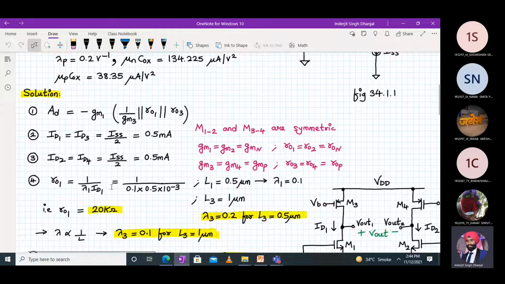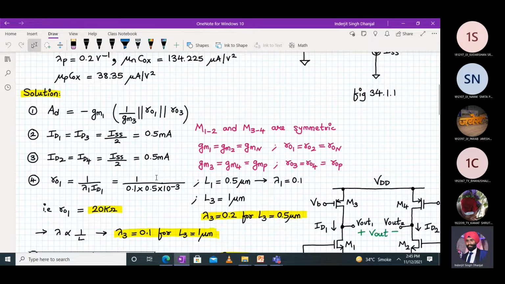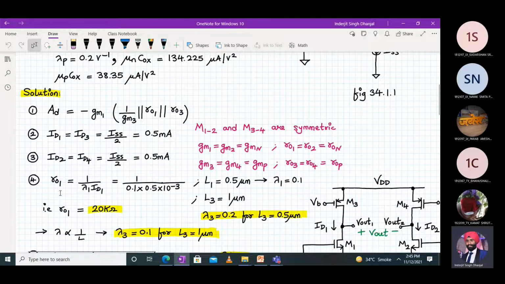Now basically to find the small signal differential gain, we have to find GM1, GM3, RO1 and RO3. RO1 formula is 1 upon lambda 1 into ID1, correct? Lambda 1 value is available, ID1 value is available, so calculate RO1. RO1 comes out to be 20 kilo ohms.